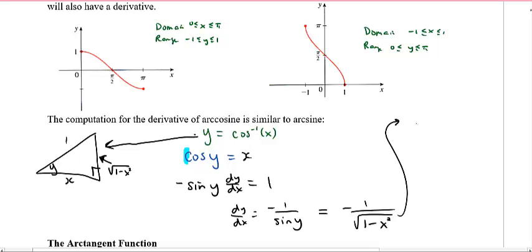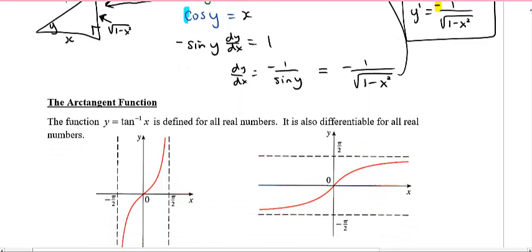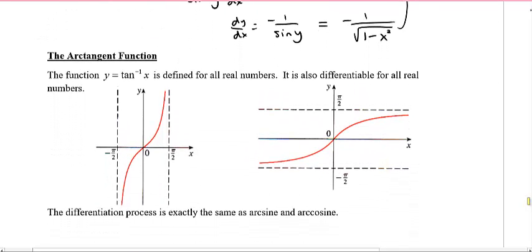So if you want to memorize, if you have the arccosine function, its derivative is not just 1 over the square root of 1 minus x squared, but the negative of it. Very similar to arcsine, except with the negative. If you got that, bravo. Now I want you to do tangent, or arctangent.